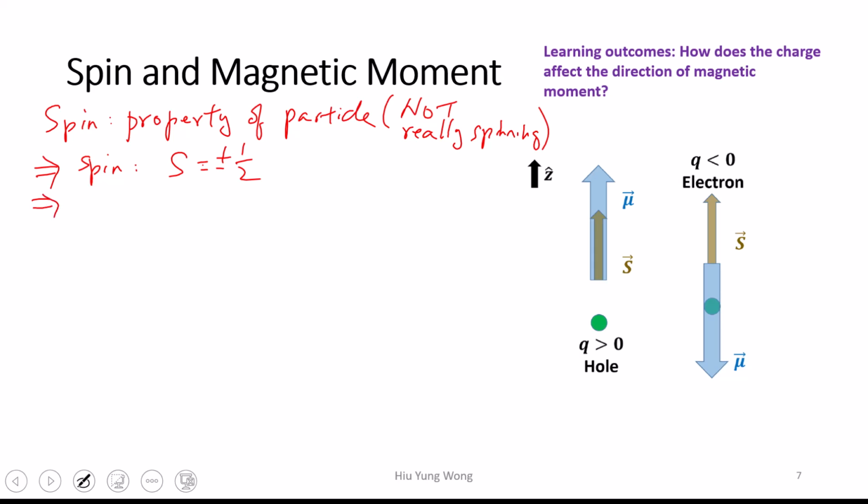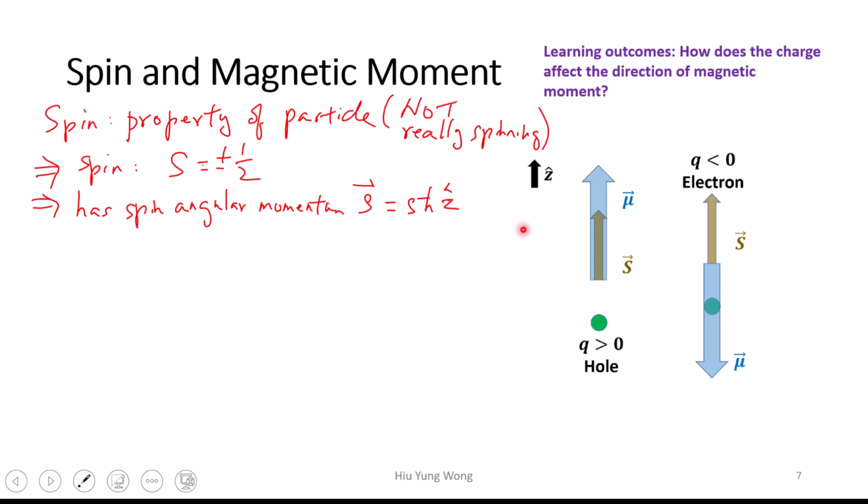And then they realized that when a particle has a spin, it also has spin angular momentum, which is a vector equal to S ħ ẑ. And that's why they call it spin.